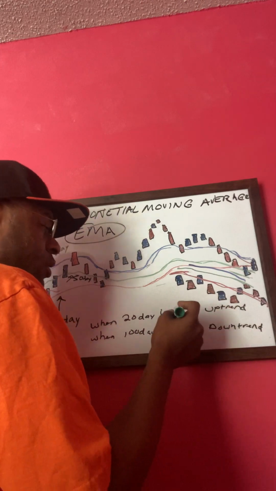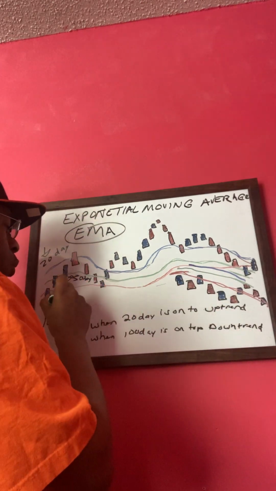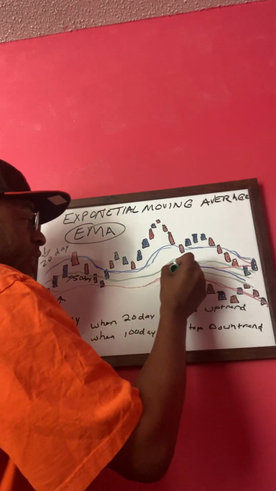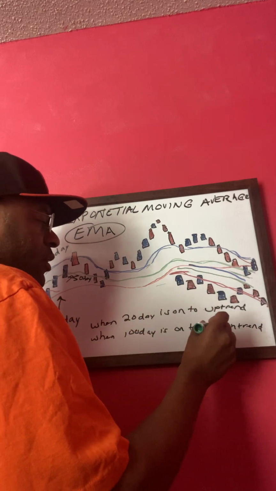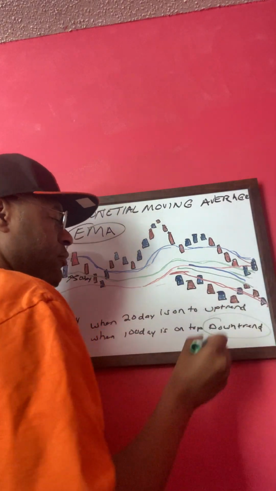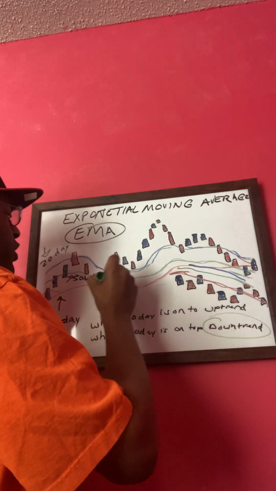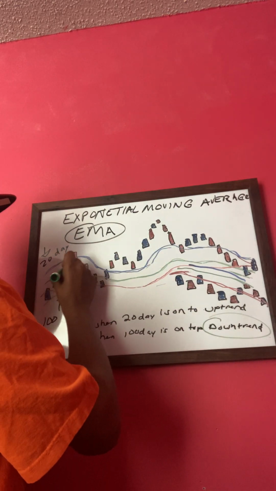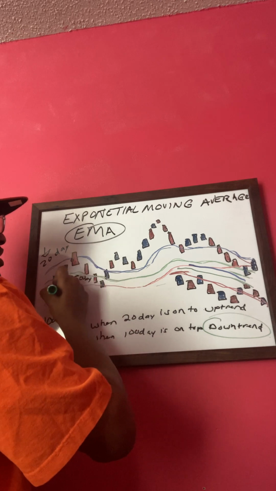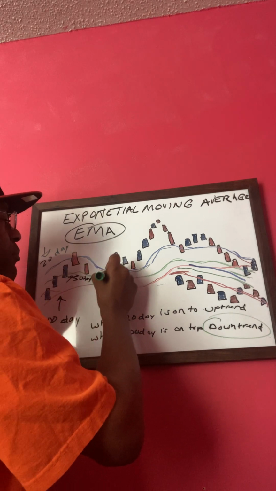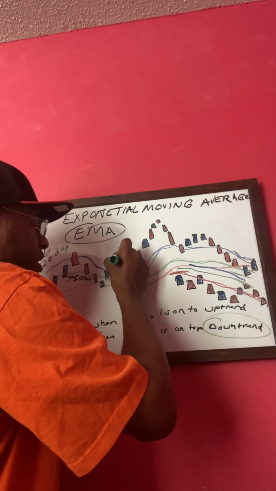You with me? Vice versa. When the red right here is on top, it's a downtrend. You with me? So right here, we had an uptrend. Boom. A little bit of movement right here. Boom. It pulled back right here. Boom. It went up a little bit. It pulled back.